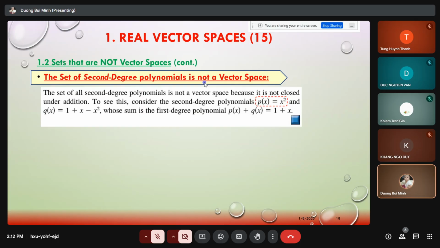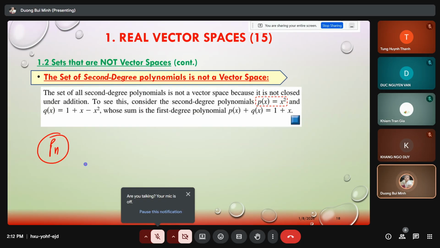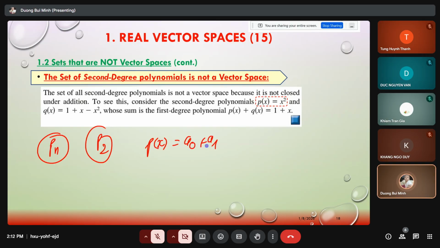We say P2 is a vector space, right? That means P2 is a vector space because every p(x) is a0 plus a1x plus a2x squared, and the coefficients could be 0. If we have q(x), we get b0 plus b1x plus b2x squared.